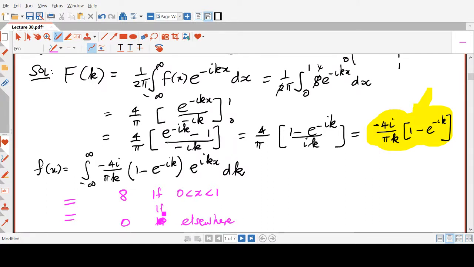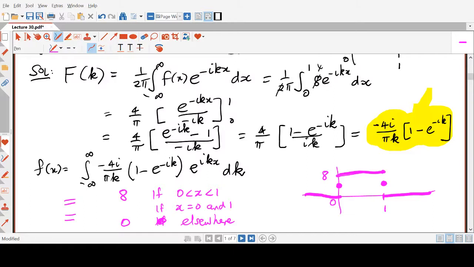But what happens exactly at 0 and 1? Think back to your work on Fourier series. That's 8. Between 0 and 1, this thing is alive. Okay. What happens exactly at 0 and 1? Doesn't it converge to the midpoint of the interval?